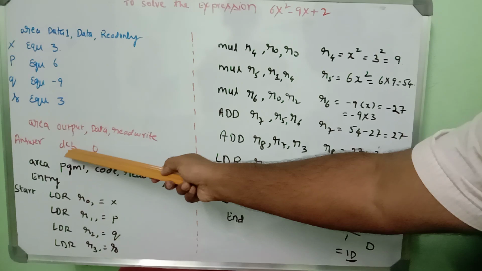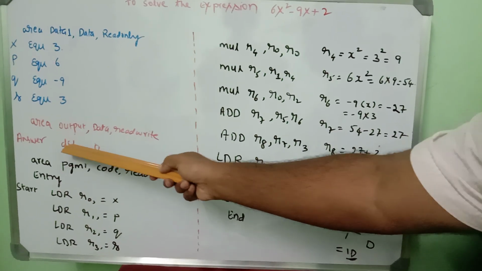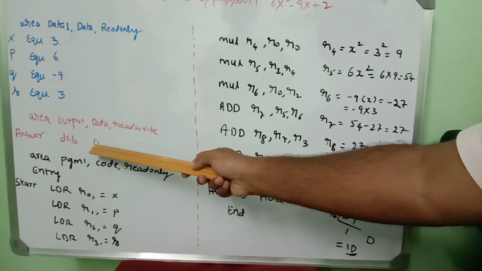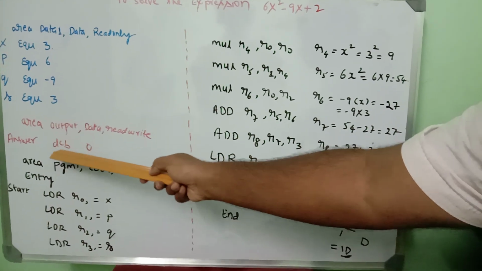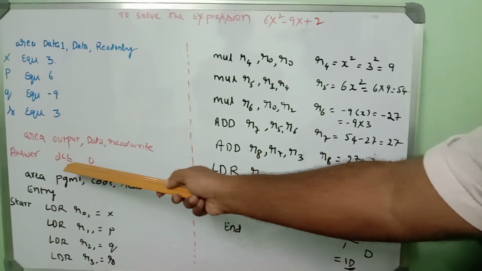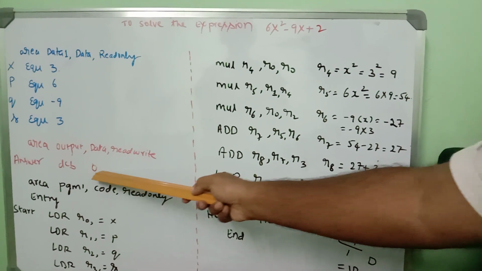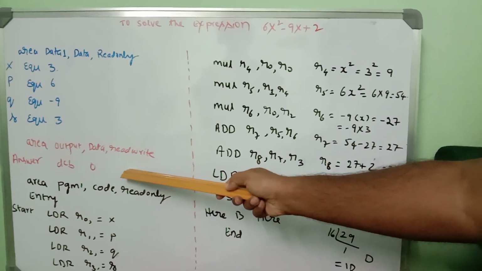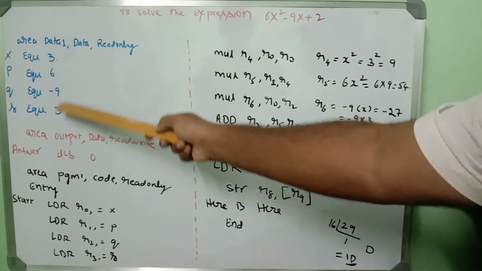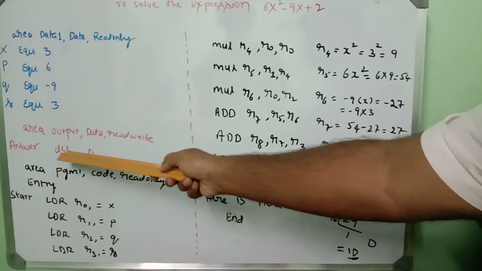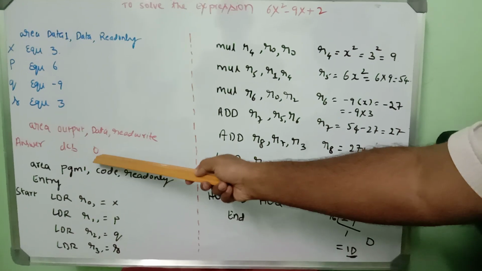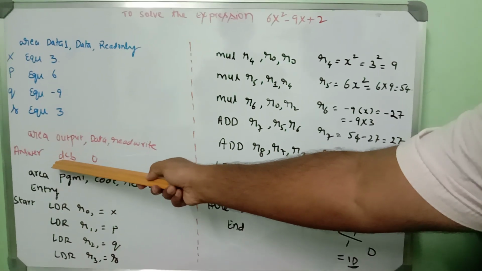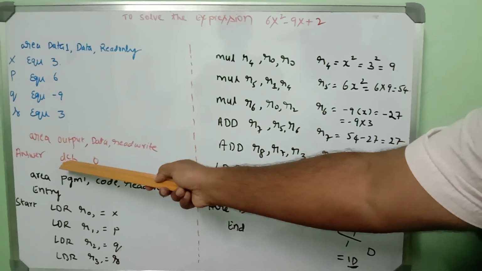If not DCB, I could have had DCW, where I could have reserved a 16-bit location. Otherwise, I could have had DCD, define constant double word, so that I could have reserved 32 bits of locations. Here, the answer would anyway be 1 byte, so I have reserved 1 byte of location, filled up with 0 using the assembler directive define constant byte.